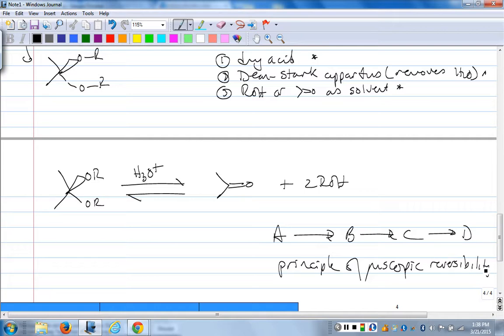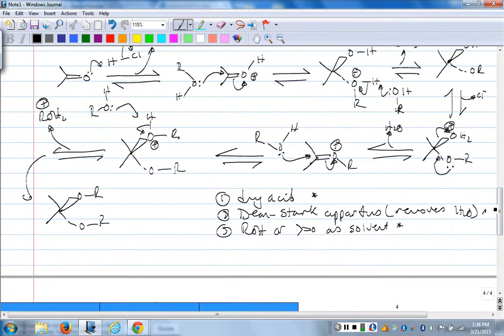And all that means, which is one of the most obvious principles in chemistry, is that if I can go from A to D through B and C, then I can go from D to A through C and B, going backwards along the same path. So A will form B, B will then form C, C will form my product. But going backwards, D will form C, C will form B, and then B will form A. So that principle is very nicely illustrated in this example.